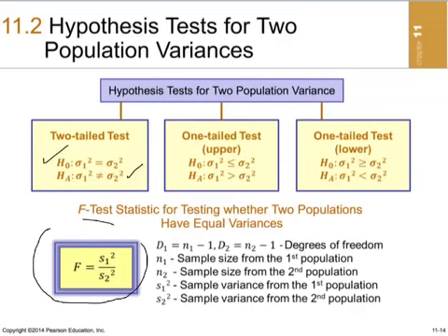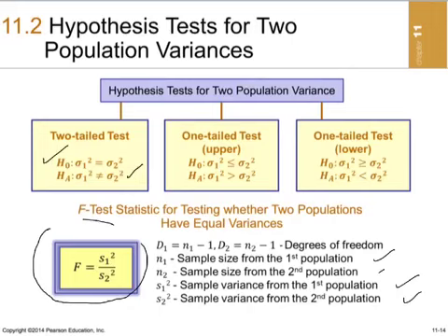For the numerator, if we are going to observe the sample variance from population 1, then the degrees of freedom would be n1 minus 1. And then for the denominator, which we'll call d2, the degrees of freedom would be n2 minus 1. So n1 is the sample from population 1, n2 is the sample from population 2. And then we have the sample variances S1 squared and S2 squared.